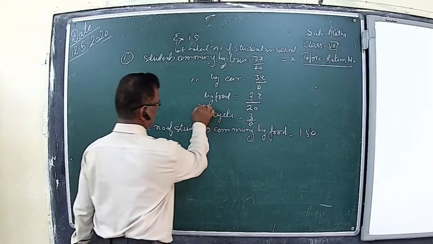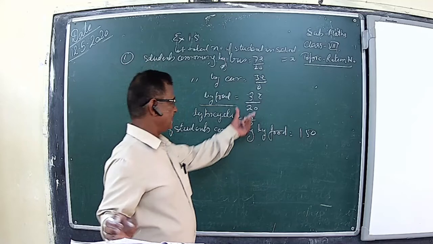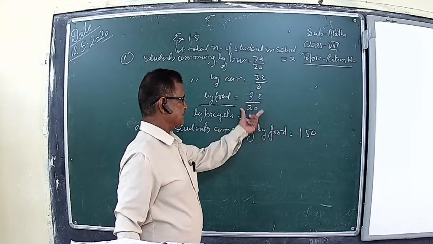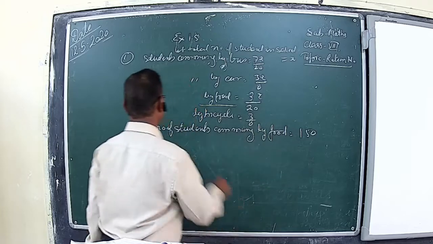So the number of students coming by foot is 3x by 20, and that number is given as 150.